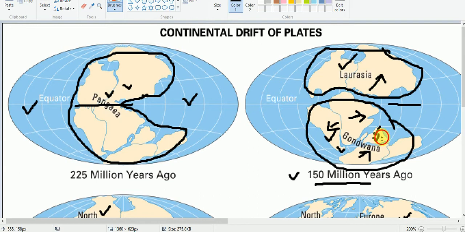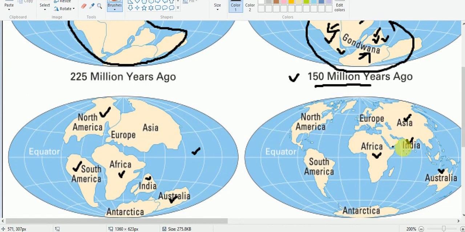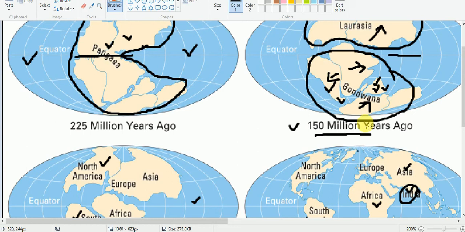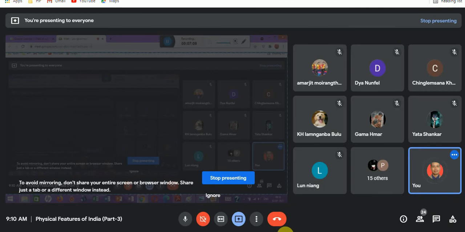As you see, the location of India is here, and India was a part of the Gondwana land. And now India is here. So it means that the Peninsular Plateau of India is one of the oldest land masses in the world.